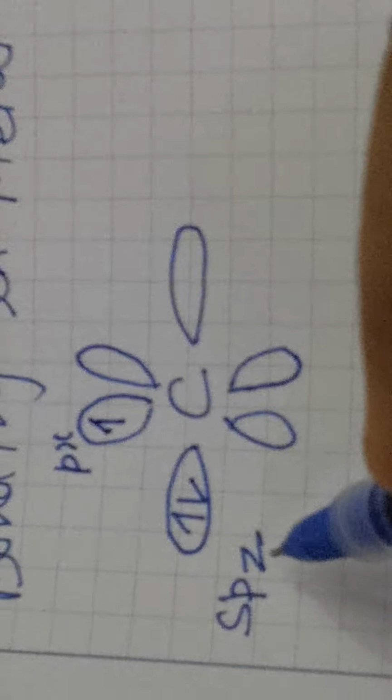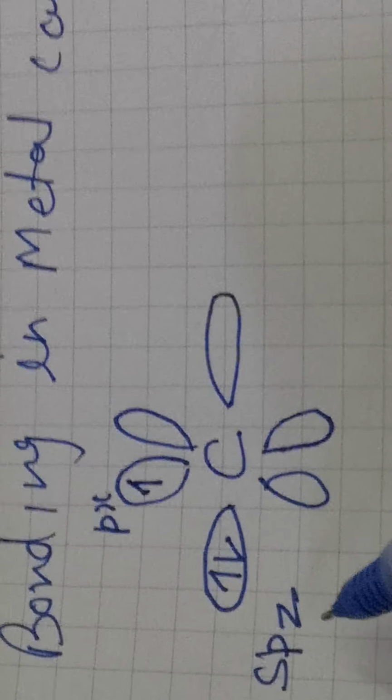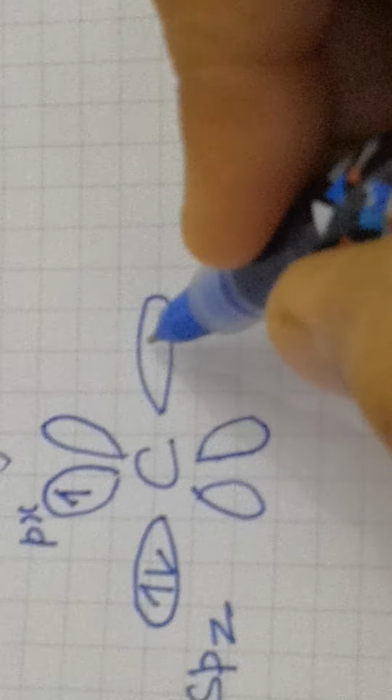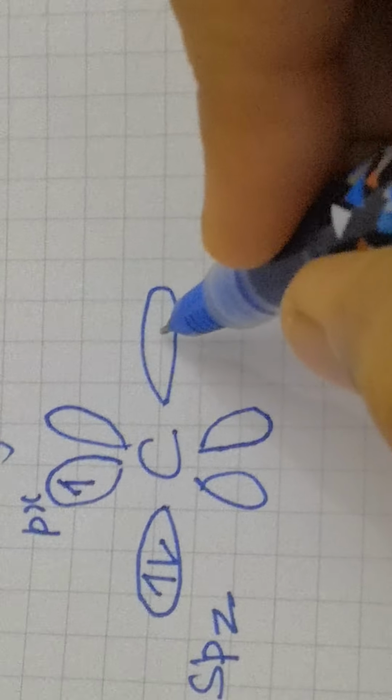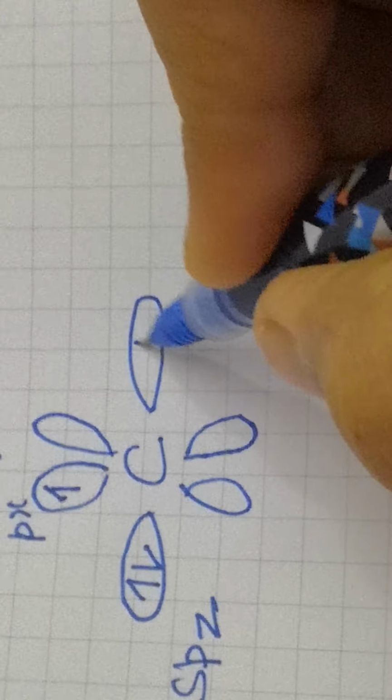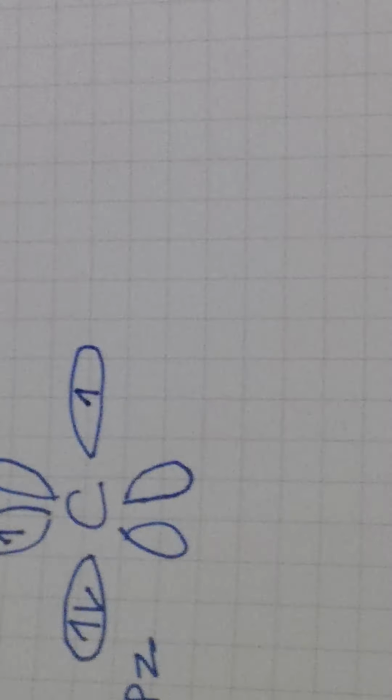The px orbital has one electron, sp-z has two electrons, and one of the pz orbitals has one electron, singly occupied.